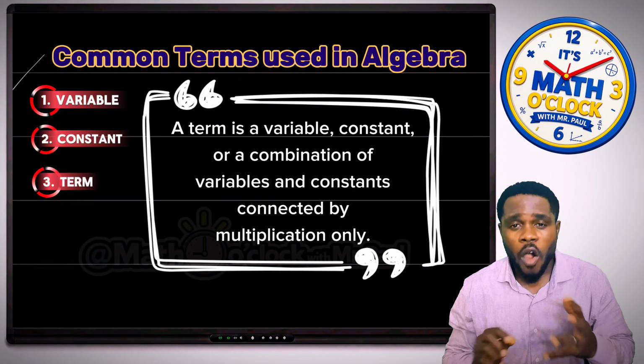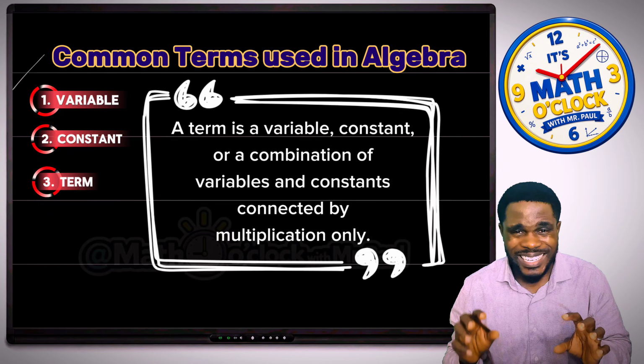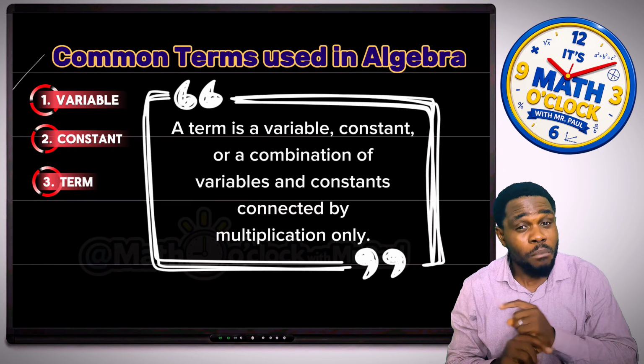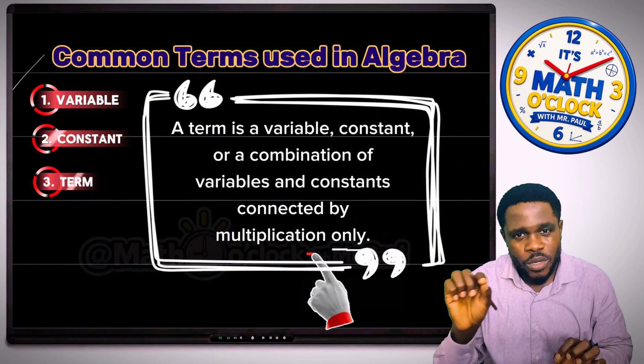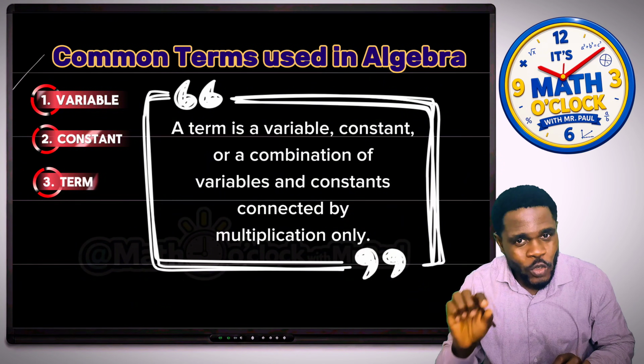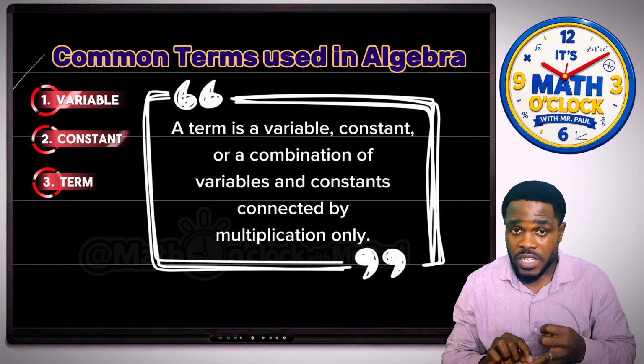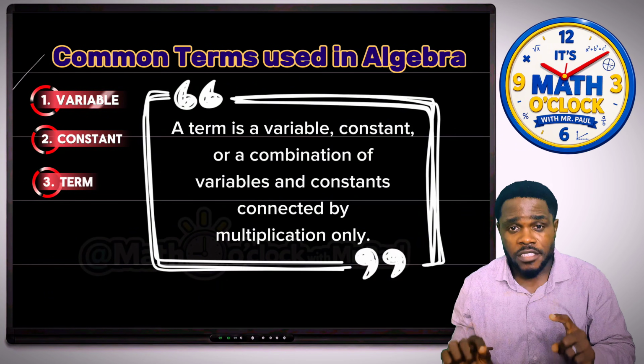constant, or a combination of variables and constants connected by multiplication only. Underline the words multiplication only. These variables or constants must be connected by multiplication only.